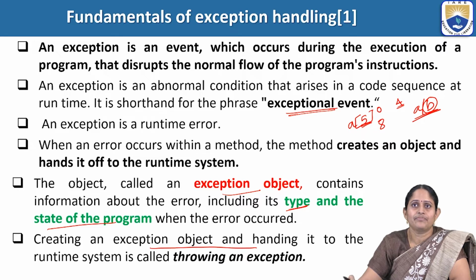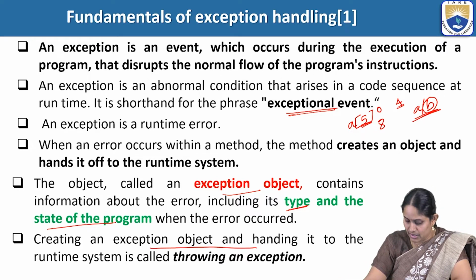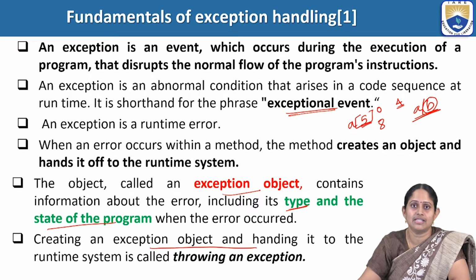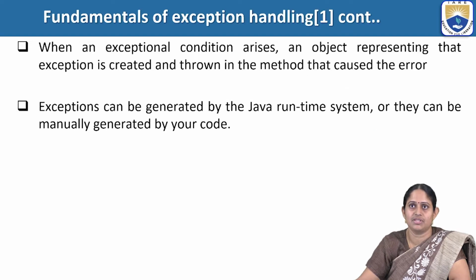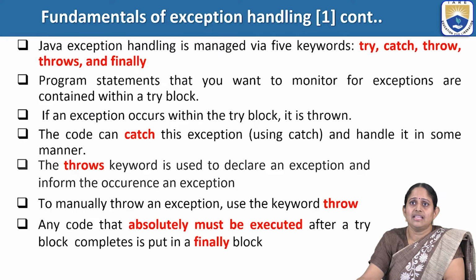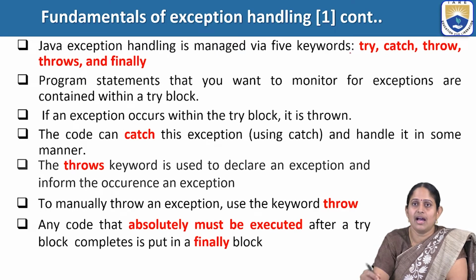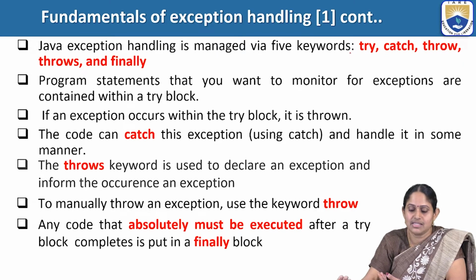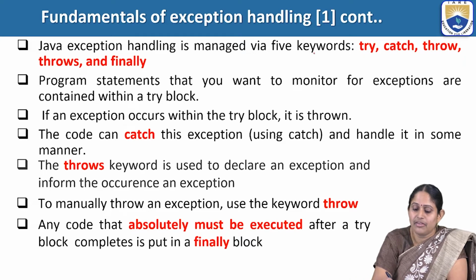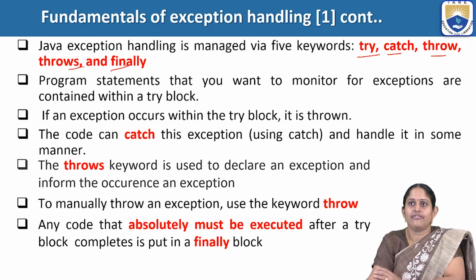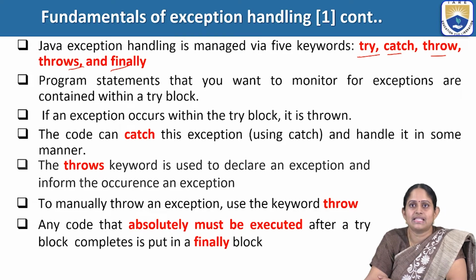To handle them, so that we can have a smooth flow of execution, Java has introduced exception handling mechanisms. These are supported by 5 keywords, which are try, catch, throw, throws and finally.